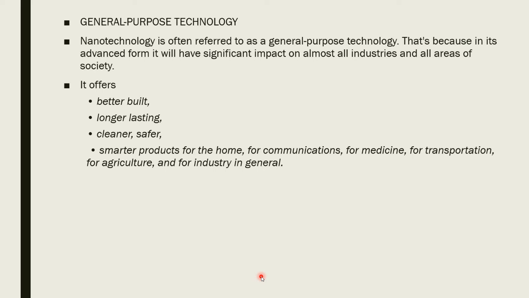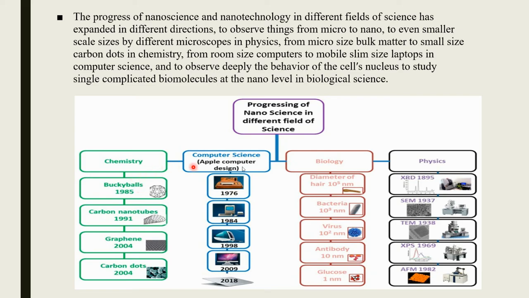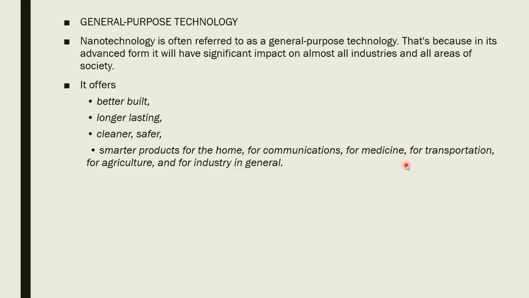As we have discussed in earlier slides, it is an emerging field in chemistry, computer science, biology, and physics, and it is assumed that it can impact all industries as well as all areas of society, because it offers better building, as we can use nanomaterials as construction material as well, so they can allow us a better build.